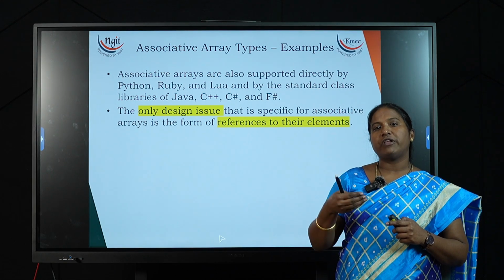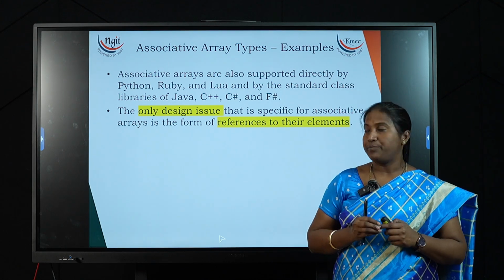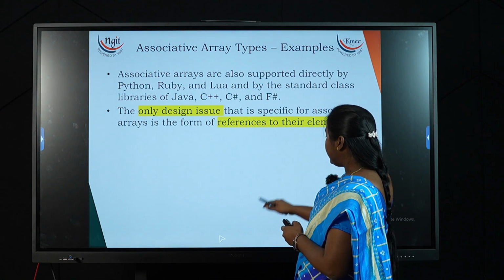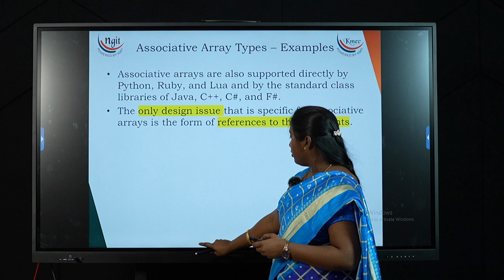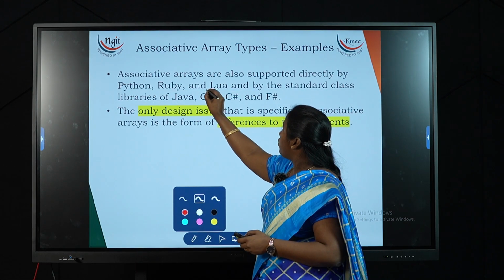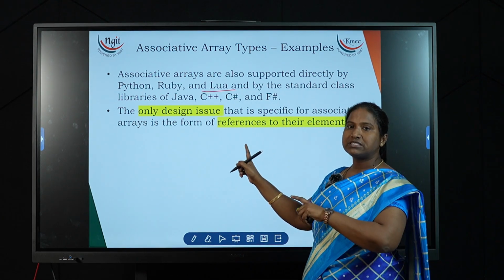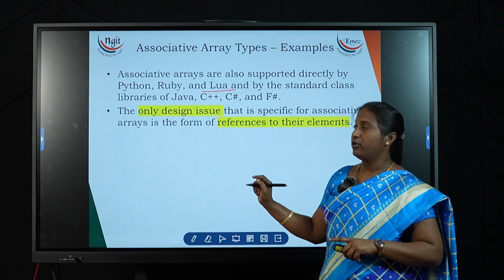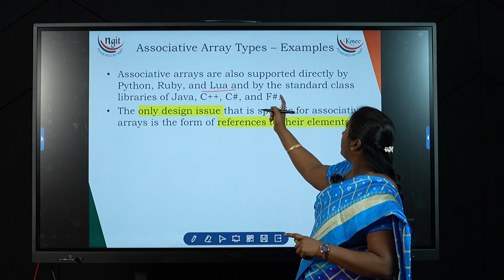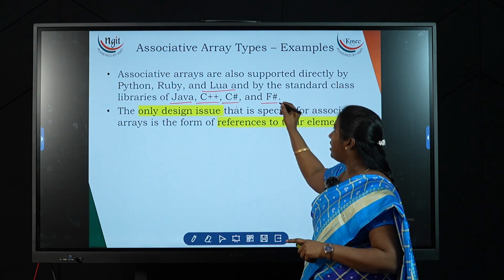There are a couple of languages which support associative arrays to store data, and those associative arrays are supported directly by Python, Ruby and Lua. This may be a new programming language you are hearing for the first time; we'll discuss it in this video too. Its name is Lua. They are also supported by the standard class libraries of Java, C++, C# and F#.